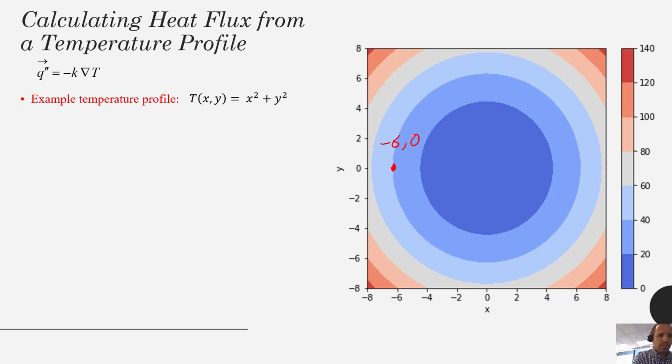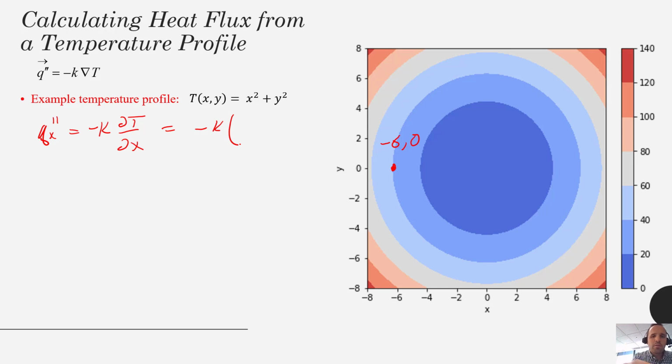So let's calculate. Our flux in the x direction is equal to minus k times dT/dx. We're still going to use that thermal conductivity of 1. Let's do this in smaller steps.